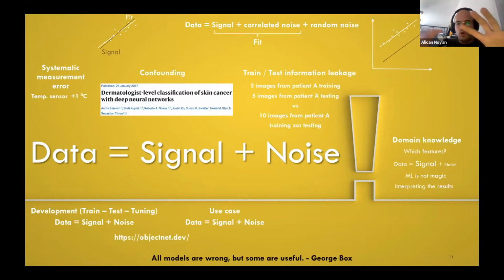And finally, I want to go beyond this. Data is signal plus noise is very important. Yes, there are things you have to think about beyond this. First one, all models are wrong, but some are useful. What does this mean? I'm not going to explain it.